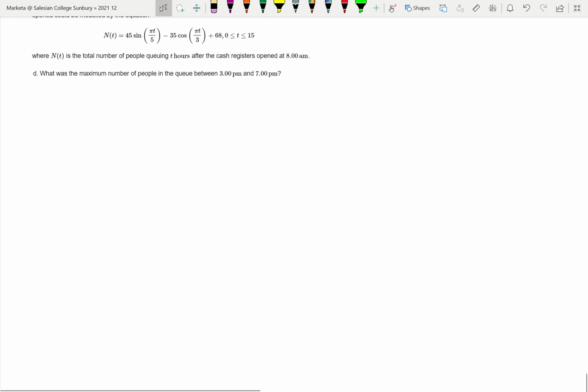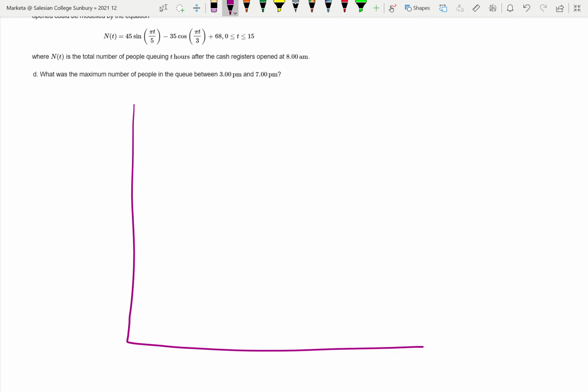So I'm going to restrict that graph, and look, you might be able to see it on the original graph, but I'm just going to show the part that is relevant. So we're going between 3 p.m. and 7 p.m. and I can restrict that. 3 p.m. is 7 hours after 8 a.m. So if you've got 8 a.m. here, 8, 9, 10, 11, 12, 1, 2, 3, it's 7 hours.